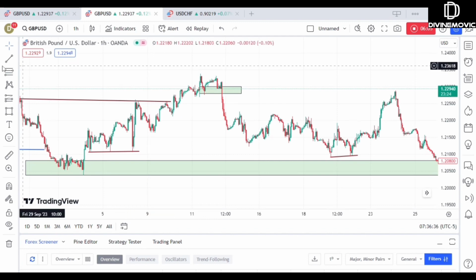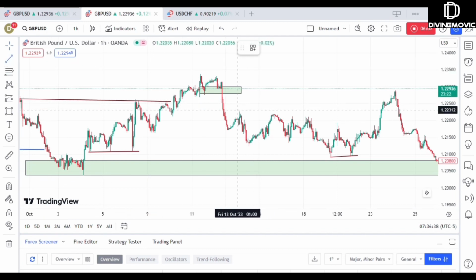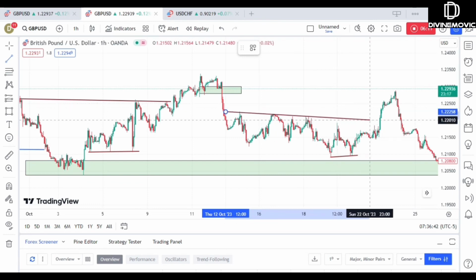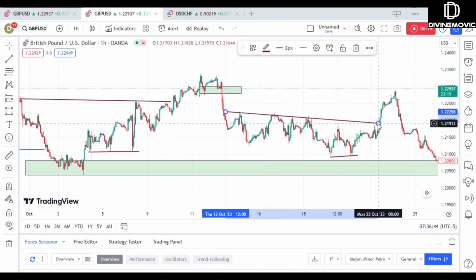Now price was creating buy side liquidity. This is liquidity, all these zones here, liquidity. Now if you study all this price action here, you see that price was creating liquidity to the upside and creating liquidity to the downside.